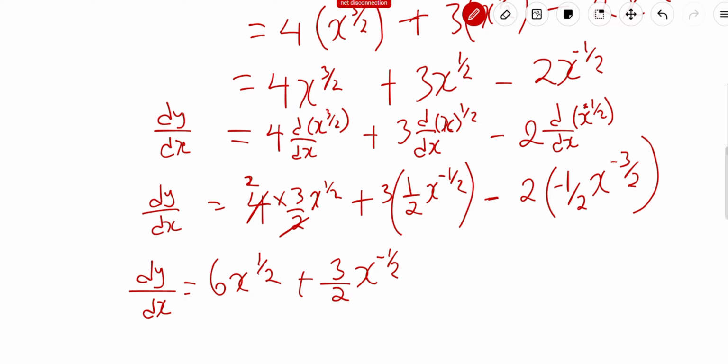Negative here is multiplying negative here, that's positive, and 2 cancels 2, so that's 1. So I have just x to the power of negative 3 over 2.